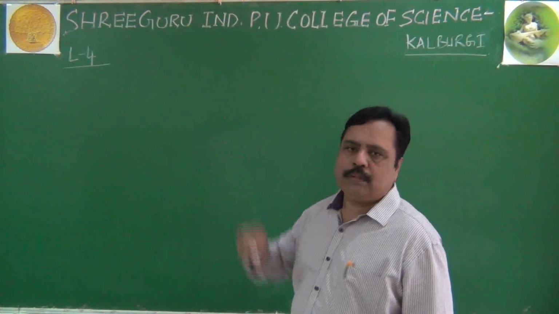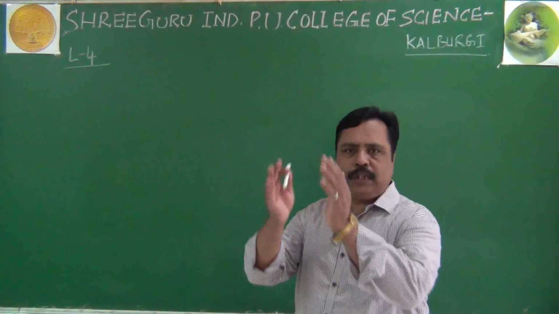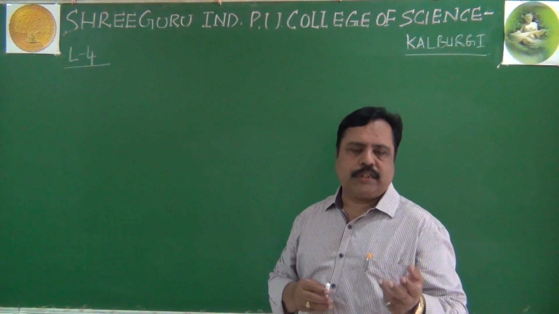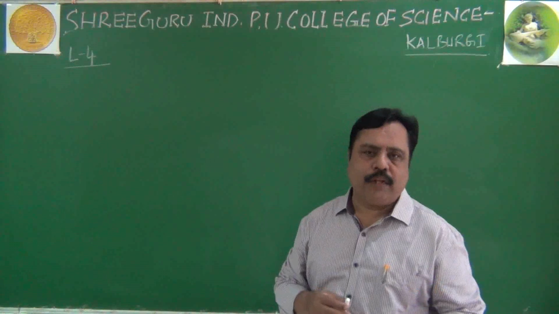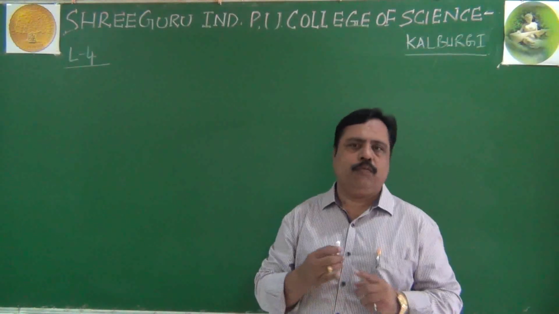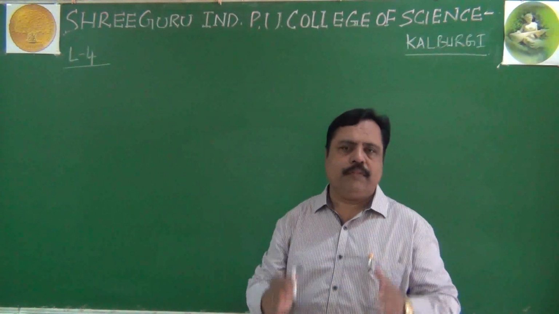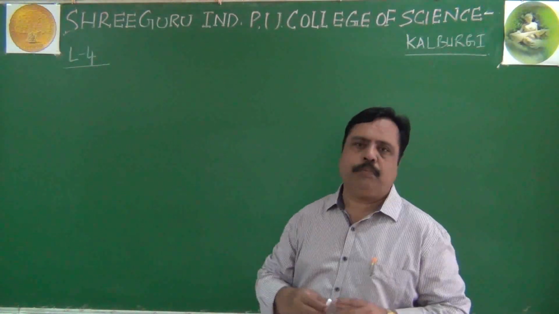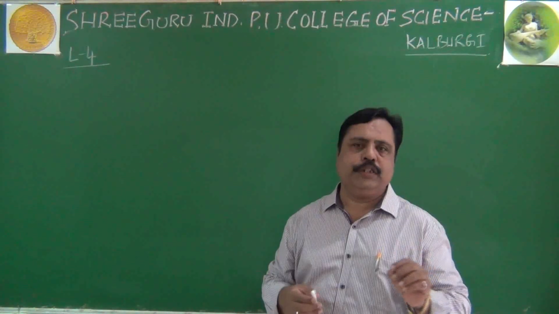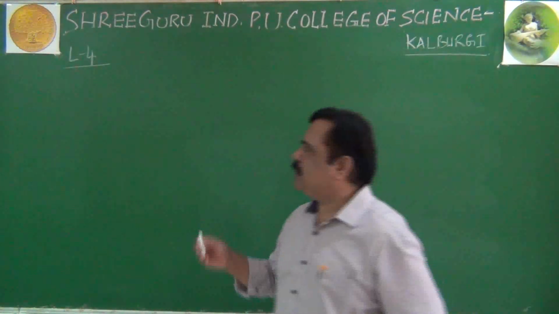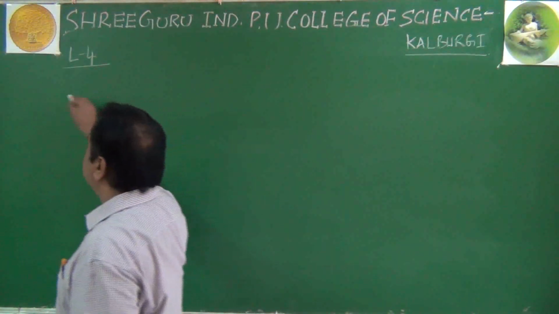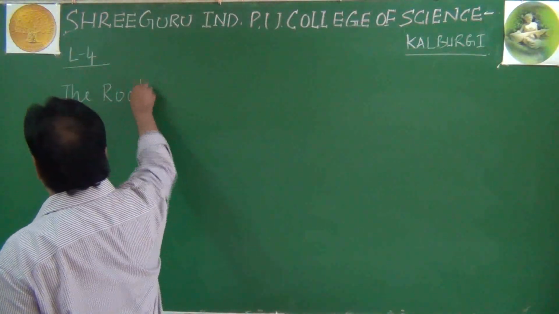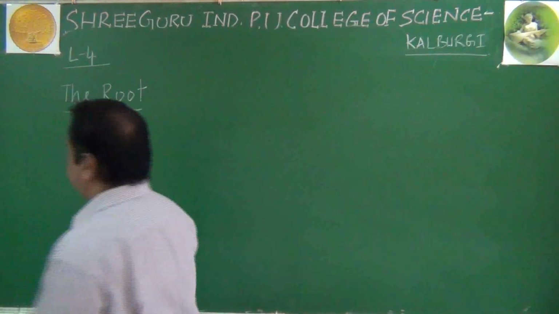In angiosperms, when we observe the external appearance, we come across root, stem, leaves, inflorescence, flower, fruit, seed, various parts we can see. Among those 7 important parts of a typical angiosperm plant, we started about root system in the previous class.